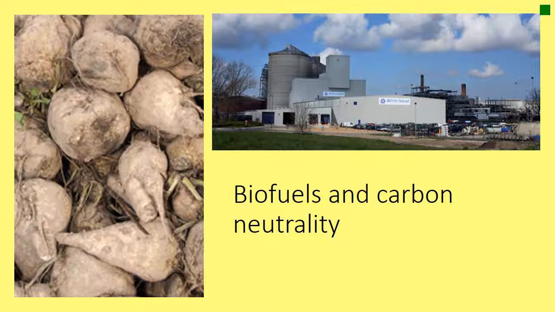And these pictures illustrate why it's not quite as carbon neutral as we think. What we've got on the left is some sugar beet, which is what in this country we make our bioethanol from. Countries like Brazil grow a lot of sugar cane, and that's what they use to make their biofuel out of.